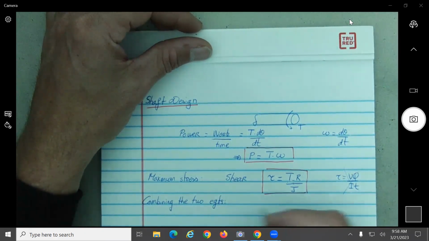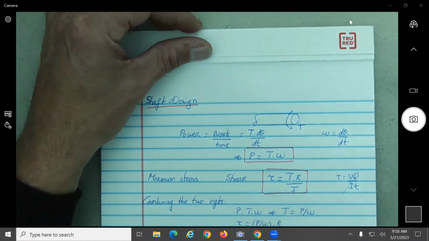From P equals T omega, you can find that the torque will be equal to the power divided by the angular velocity. And now if you substitute over here, you're going to have P divided by omega, times R over J.